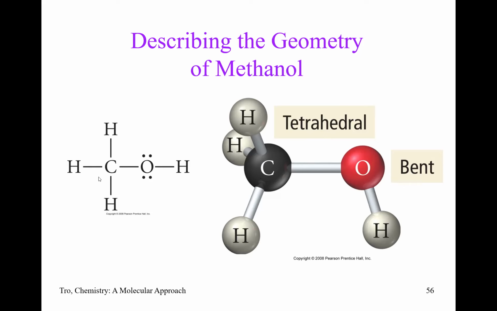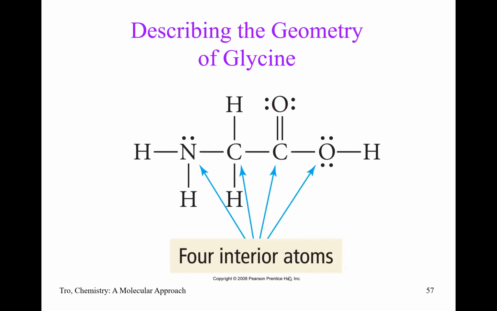So on the left is how we thought about it last chapter, but on the right, now after studying and knowing VSEPR, we know what it really looks like, right? The oxygen's bent. Right, and so glycine is like the simplest amino acid. And again, more central atoms, right?